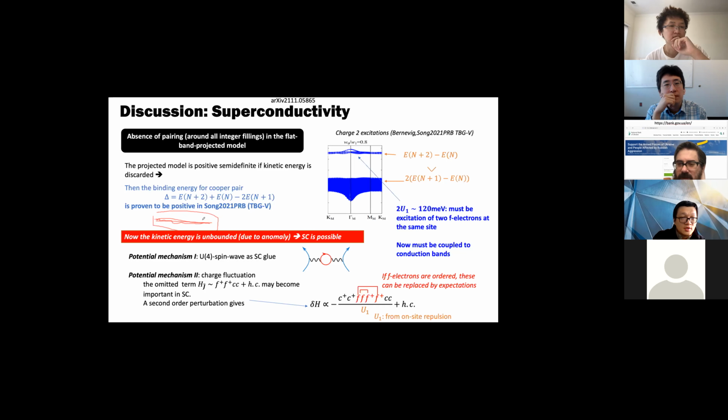You can prove that there's no bound state. Because it's projected, it has 0 kinetic energy, so you need to add kinetic energy. What you can do is add kinetic energy in the strong coupling model, which involves projecting the interaction into these bands and then adding kinetic energy to these flat bands. Then this theorem doesn't apply.